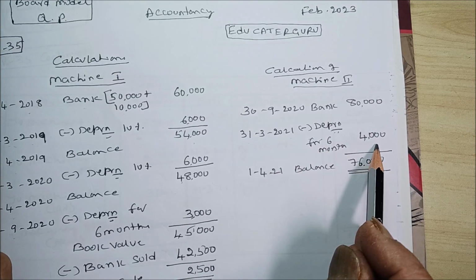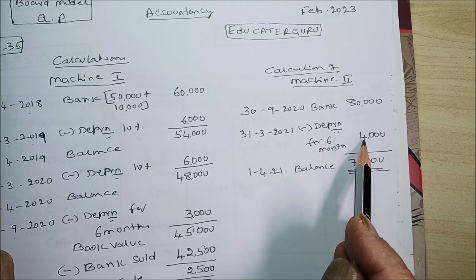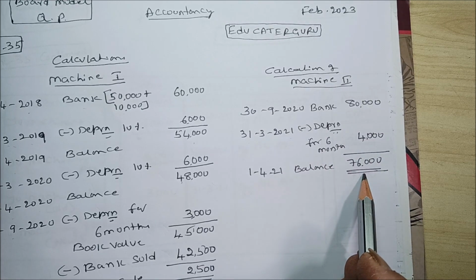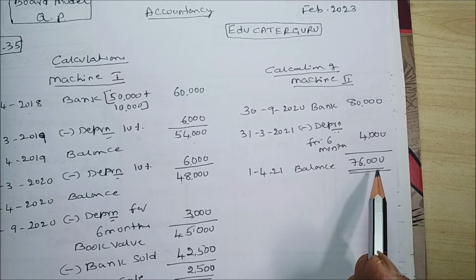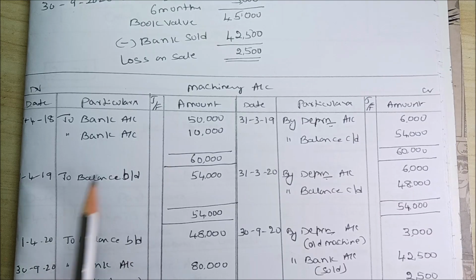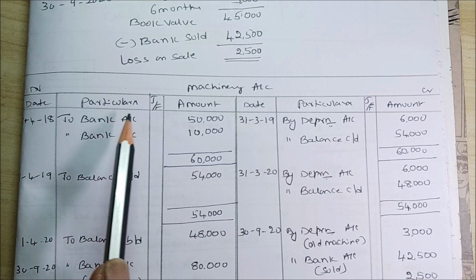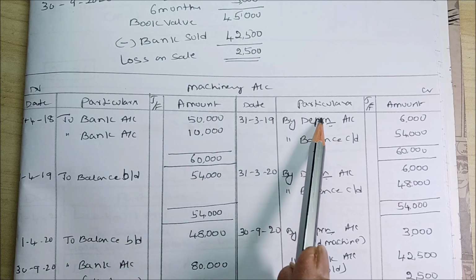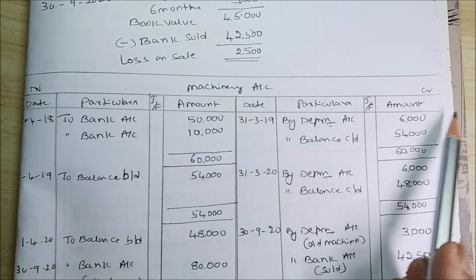So 6 months, it is 4,000. So 80,000 minus 4,000, 76,000. So your closing balance in the machinery account should be 76,000.